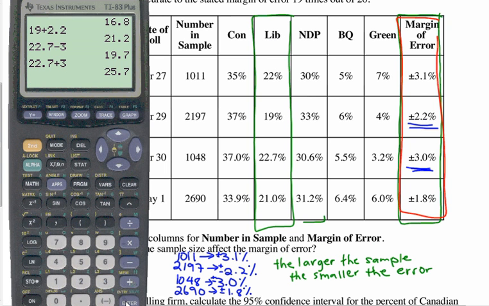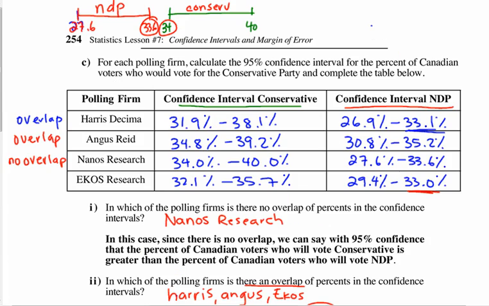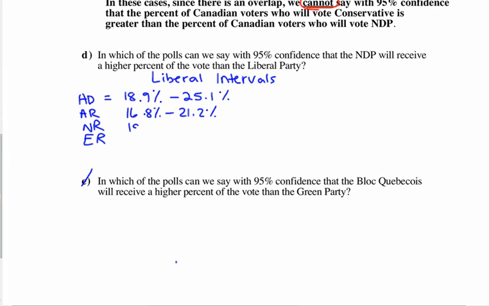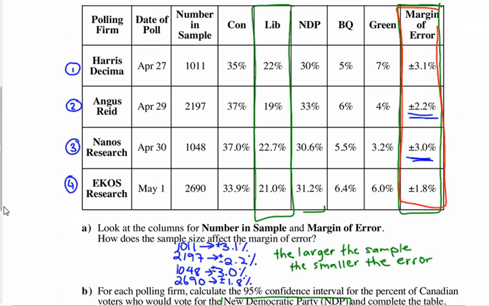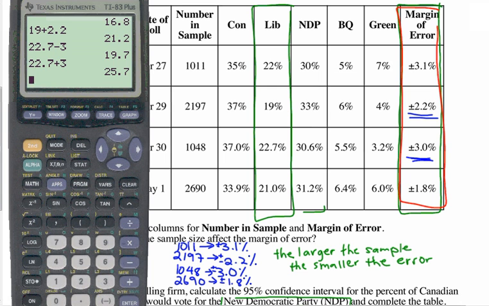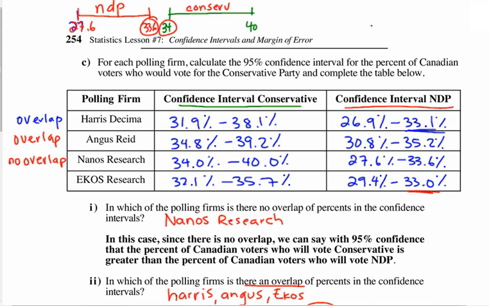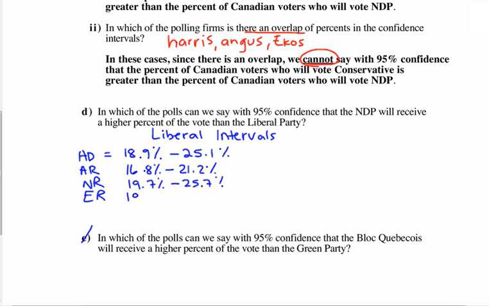So it's going to range from 19.7 to 25.7. And the last, Ecos, we have 21 plus or minus 1.8. So 21 minus 1.8, 21 plus 1.8, so between 19.2% and 22.8%.